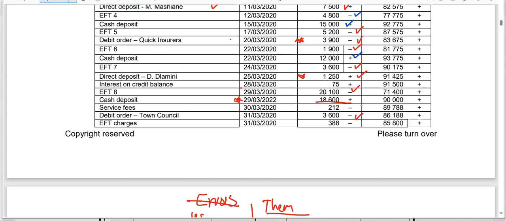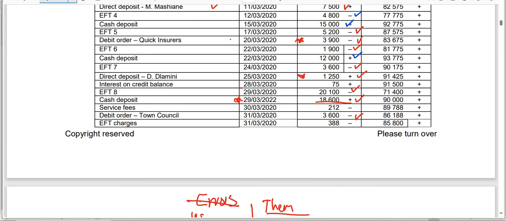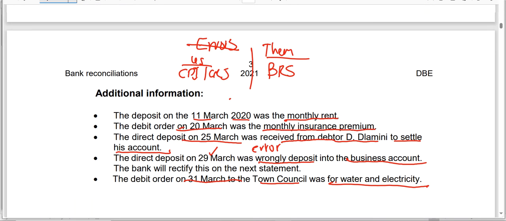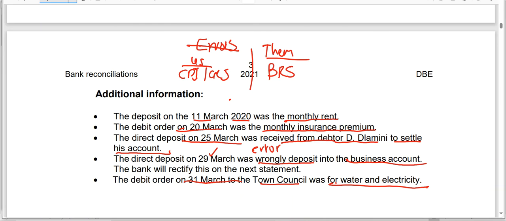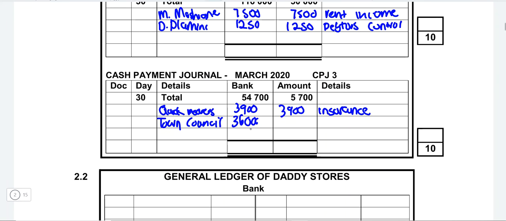So that debit order was for 3.6. Now that 3.6, let me just check the contra account that was given. It's for water and electricity. So we're going to come here and say that the 3.6, remember this will go to the bank, right? Let me just erase so that you guys don't think it's 80,000.